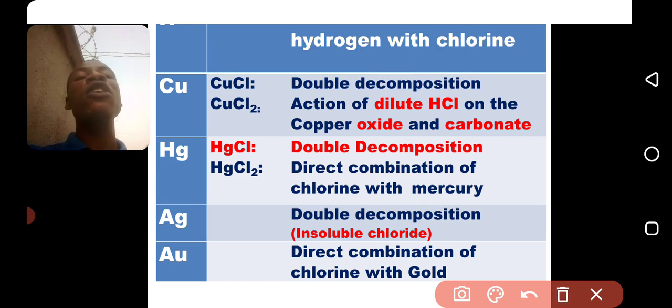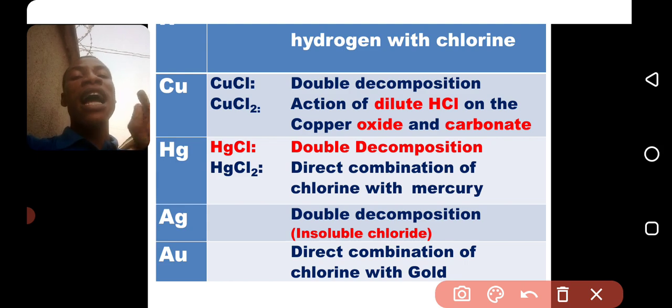So you can use those methods to prepare copper 2 chloride, but you cannot use displacement reaction to prepare copper 2 chloride because copper as a metal cannot displace hydrogen.